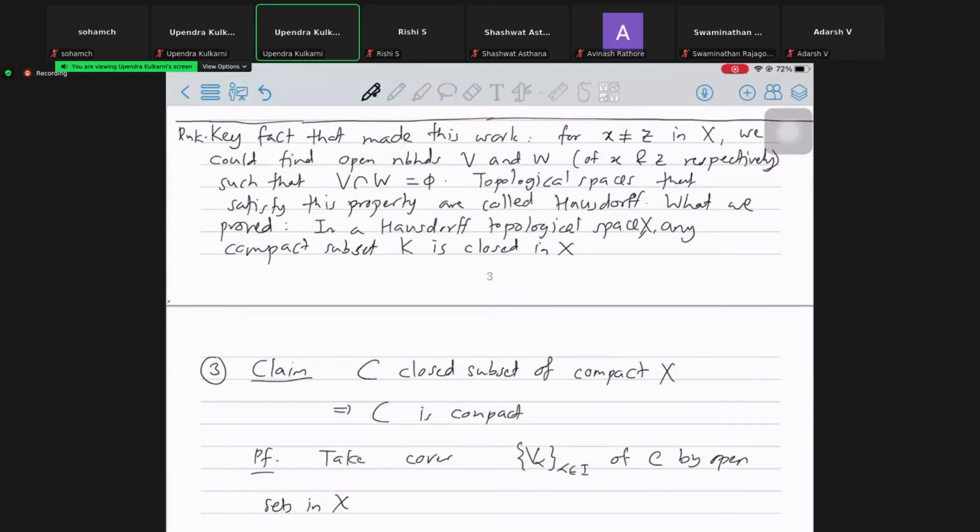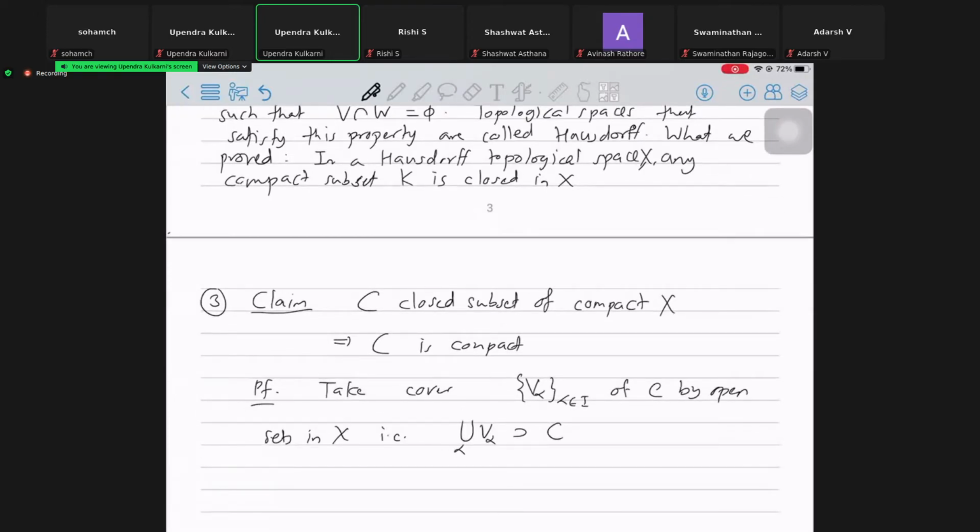Remember that it doesn't really matter, because open sets of C are intersections of open sets of X with C. So what we want to show is that this closed set is compact, which means I have to take an open cover and show that it has a finite subcover. So the union of V alphas contains C. I'm going to use compactness of X, which is the reason why I took open sets in X rather than taking open sets of C.